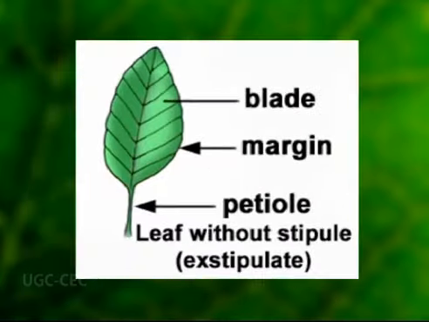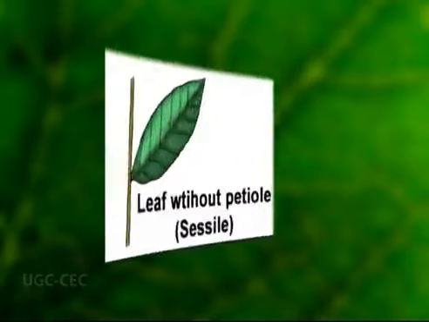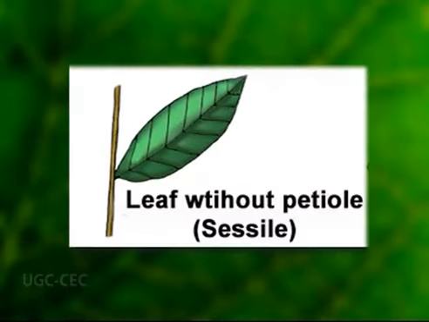Not every species produces leaves with all of these structural components. In certain species, paired stipules are not obvious or are absent altogether. A petiole may be absent or the blade may not be laminar or flattened.